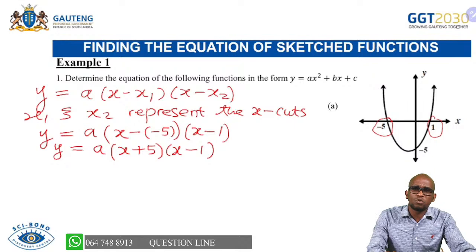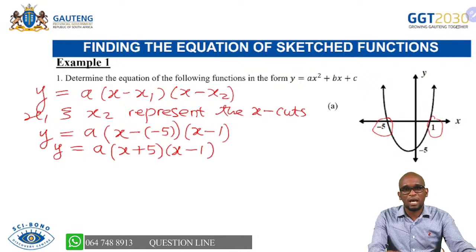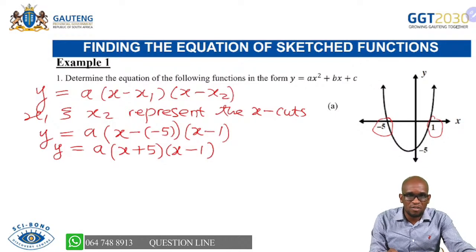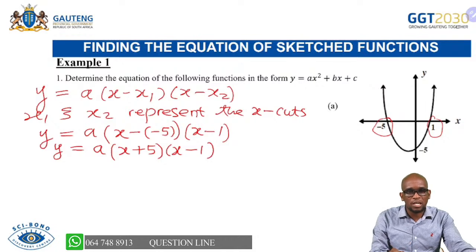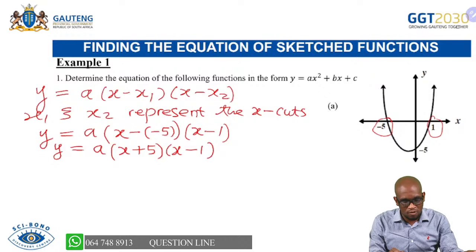Now looking at that equation, you only need the value of a for you to be able to write down that equation. Now we're going to look at that additional point which is given on the function, substitute the additional point on the equation, and calculate the value of a.